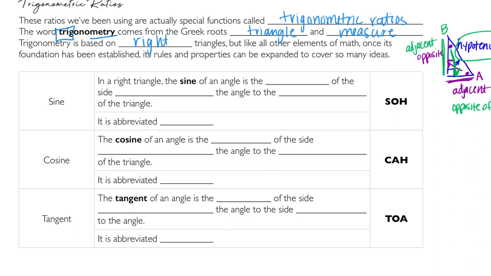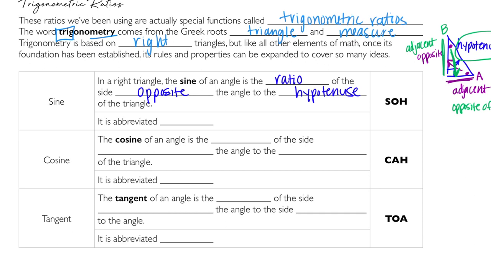So sine, everybody say sine. In a right triangle, the sine of an angle is the ratio, which just means fraction, of the side that is opposite its angle to the hypotenuse of the triangle. So in this case, the sine of A would be this side divided by this side: opposite divided by hypotenuse.